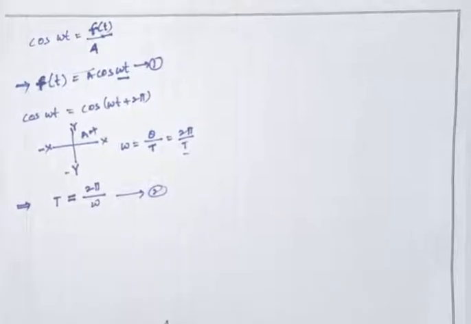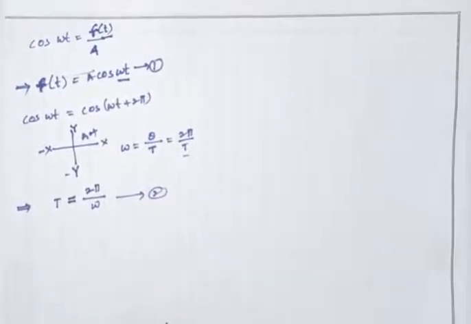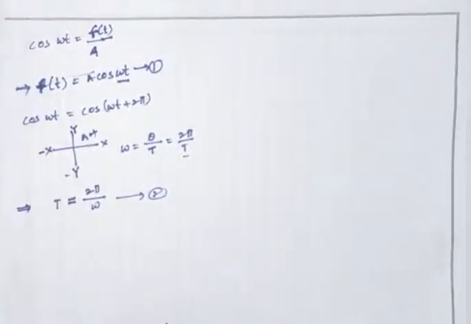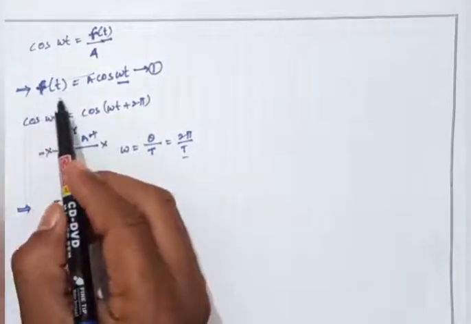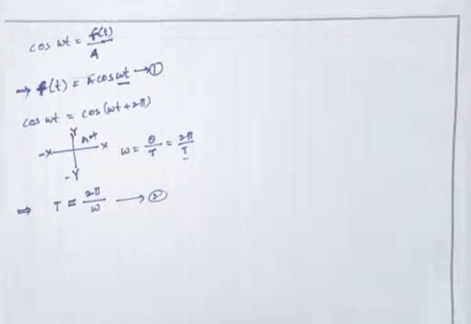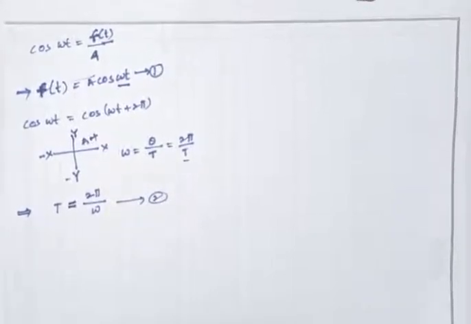And also we have taken the time period as a function of time. So the function of displacement f of t equals a cos omega t, and also it is taken along the y direction, f of t equals a sin omega t.